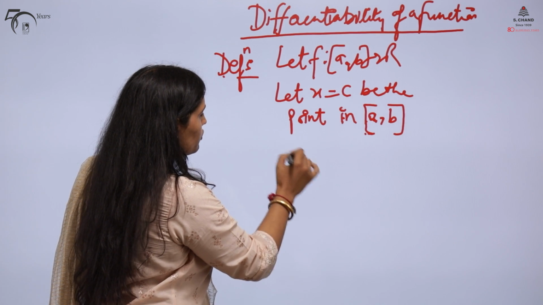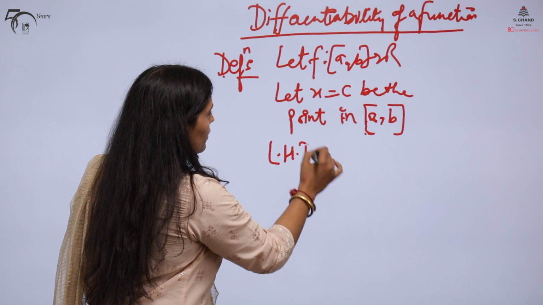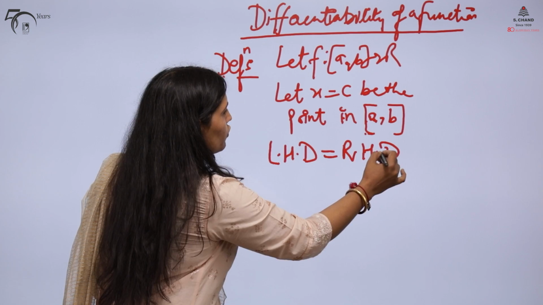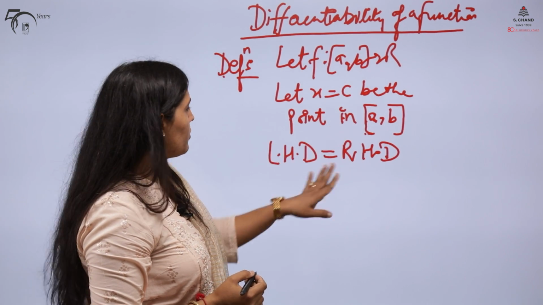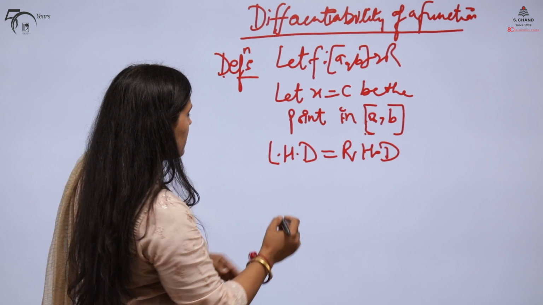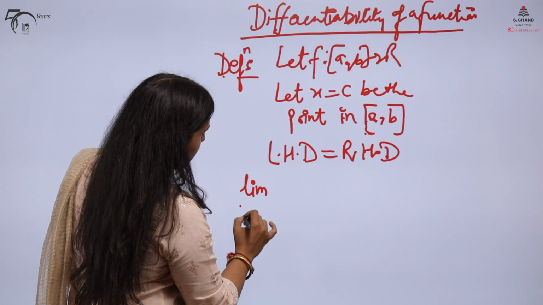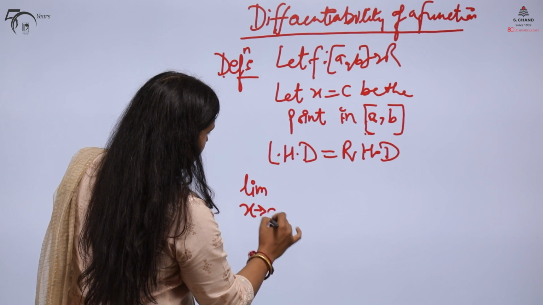So, for the differentiability, the left hand derivative should be equal to the right hand derivative. If at this point you want to say that the function is differentiable, it means left hand derivative. What does it mean now? Again, the limit concept you should be knowing. So, how we define the left hand derivative?